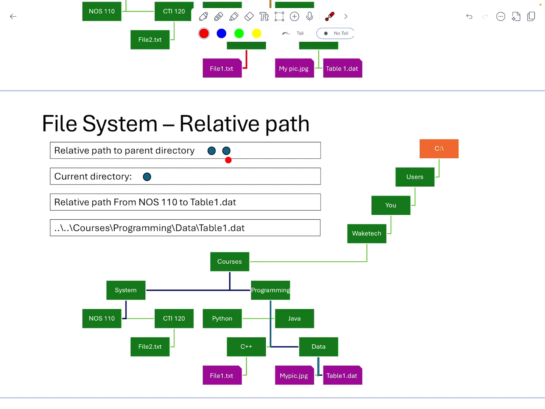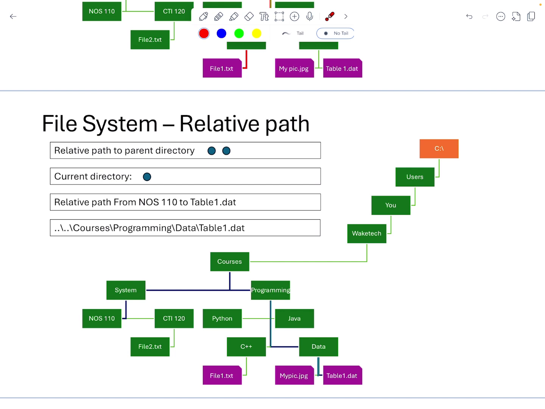Two dots represent the parent directory, and the single dot represents the current directory. I will demo this during my Windows demo, so pay attention to that. Whenever you list a directory after you create a directory, it creates two entries. One is dot dot, the reference to the parent directory, and one is dot, which represents the current directory.